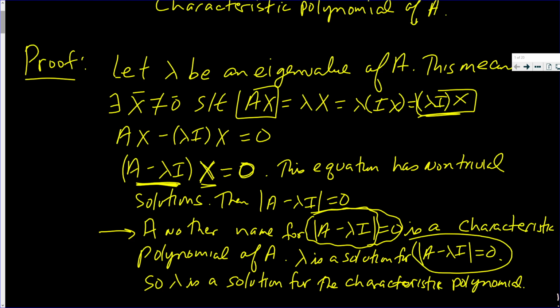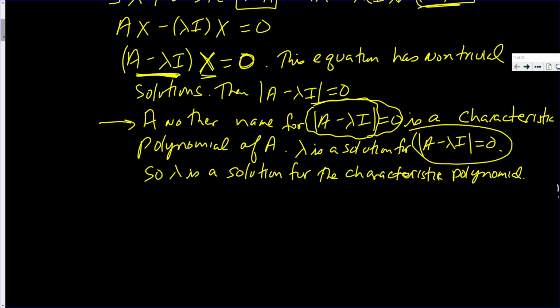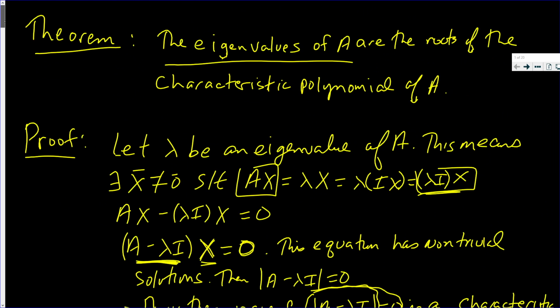Okay. Now, let's go in the reverse. Conversely, so what we want to do is say that if lambda is a root of the characteristic polynomial of A, then lambda is an eigenvalue.